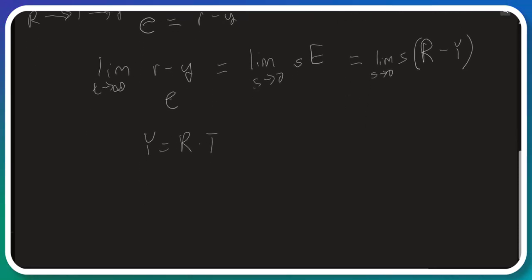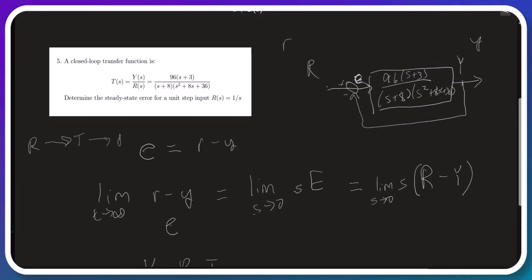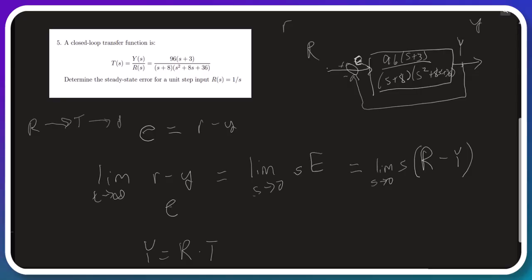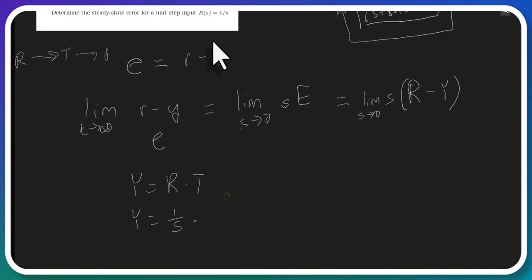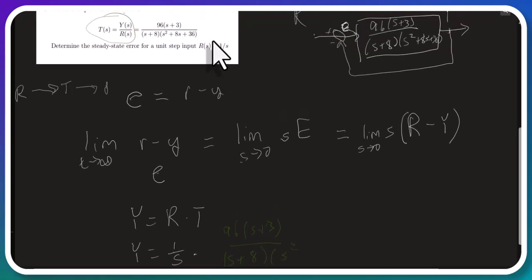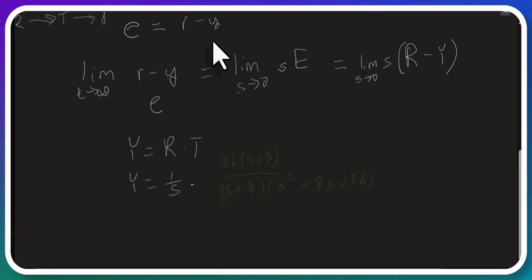It's 1 over s. So y is r times t, which is 1 over s times (96 s plus 3) over (s plus 8)(s squared plus 8s plus 36). Alright, so that's what y is.